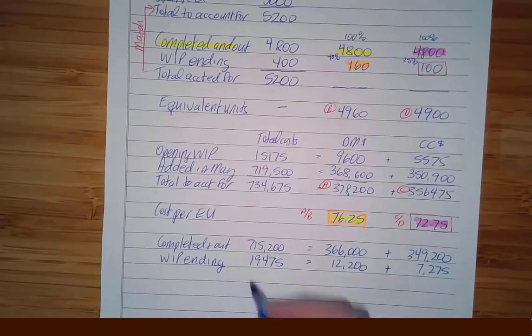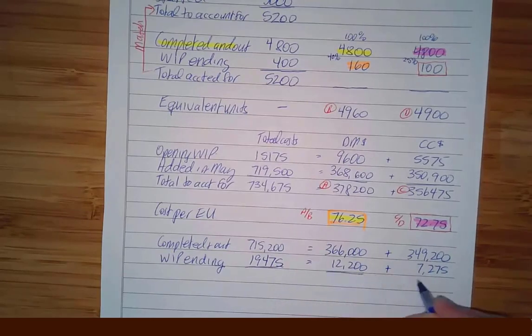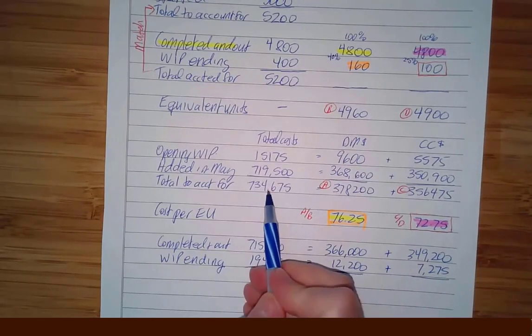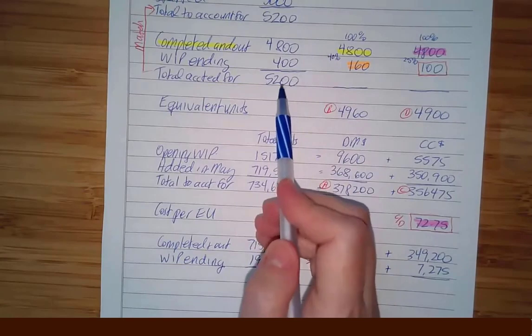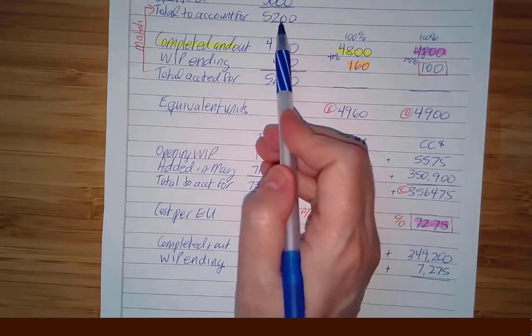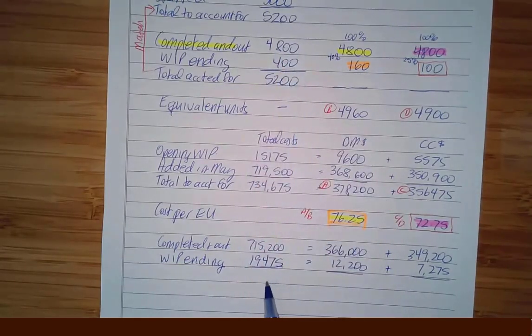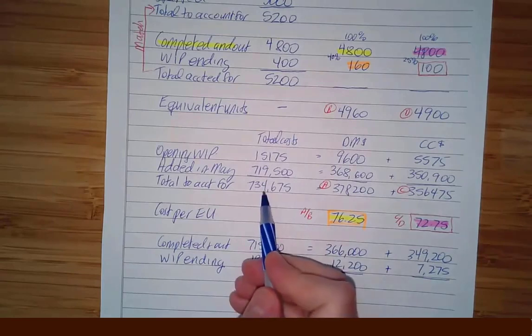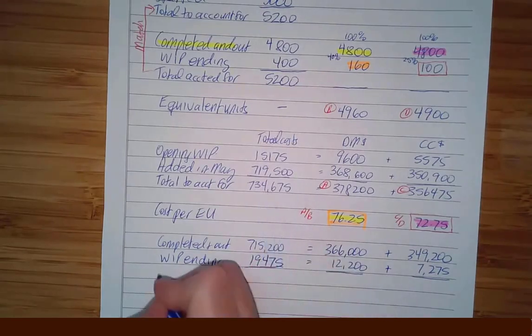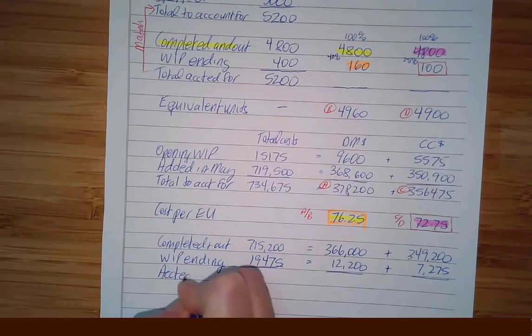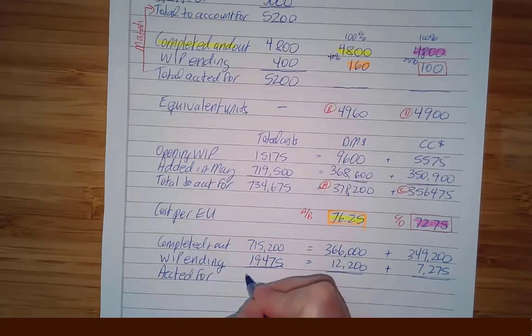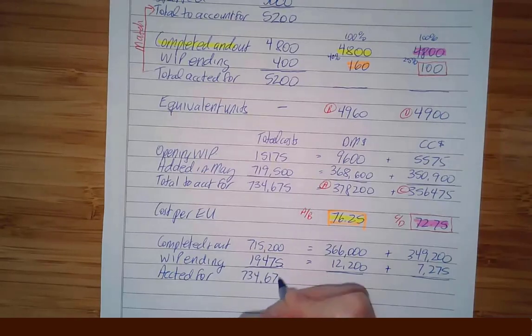If I now add these numbers together, they have to exactly equal these totals here. Just like total accounted for equals total to account for, the total that I count for here with the costs has to equal the total to account for. And if we add these two together, this is equal to 734,675.